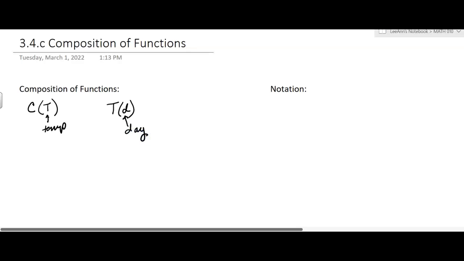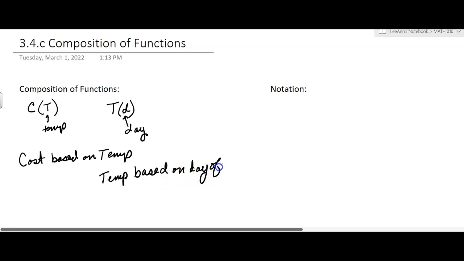So if I wanted to figure out the cost, I'm basing it on temperature, but then the temperature is based on the day of the year.